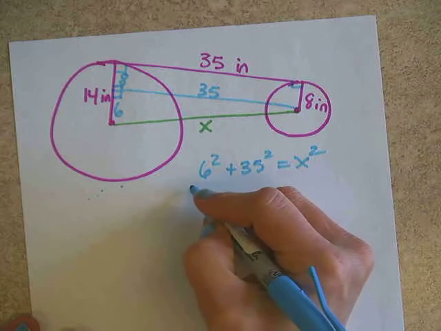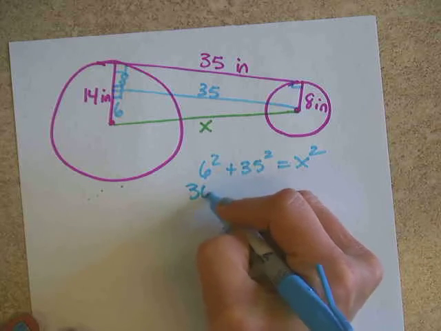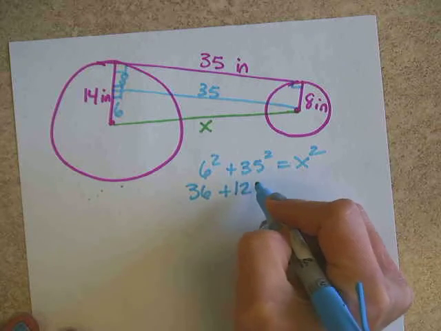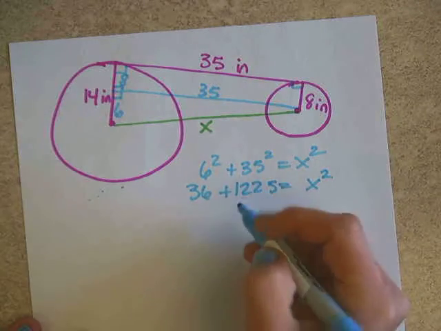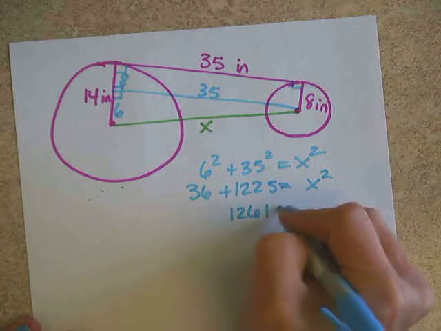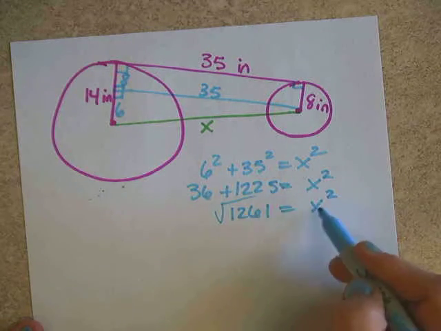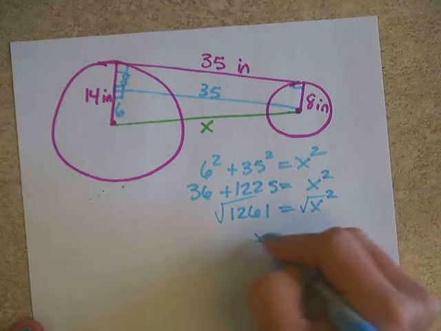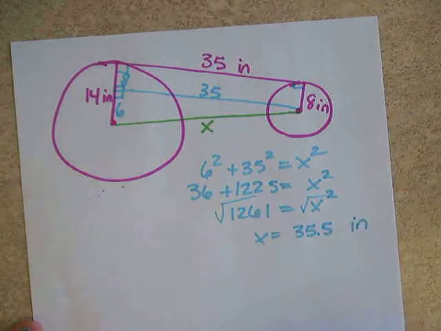So what goes where in the theorem? You do 6 squared plus 35 squared equals x squared. I'll save you the time on the calculations. You would have 36 plus 1225 equals x squared.